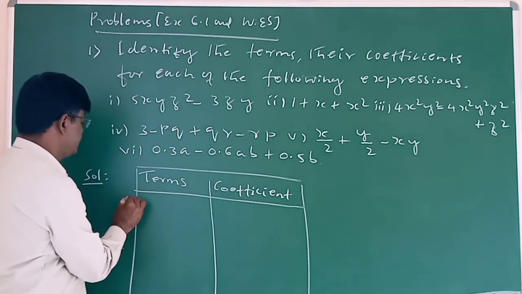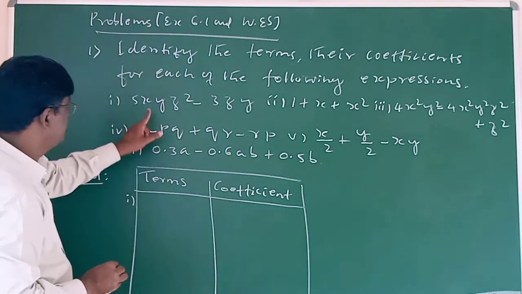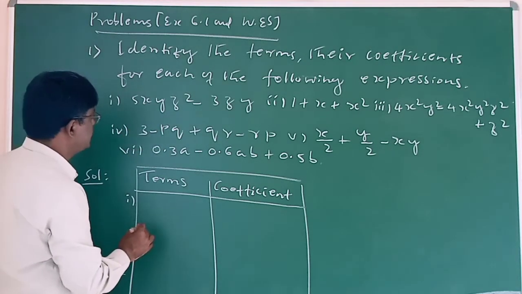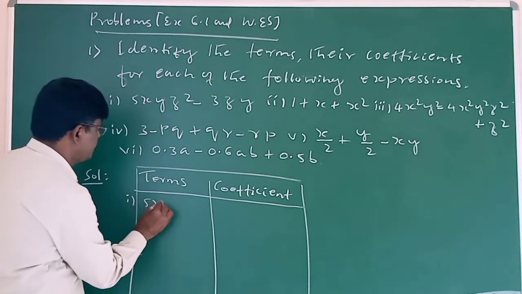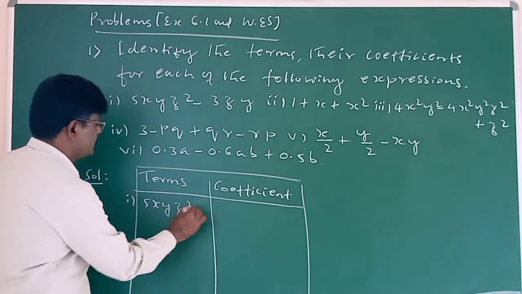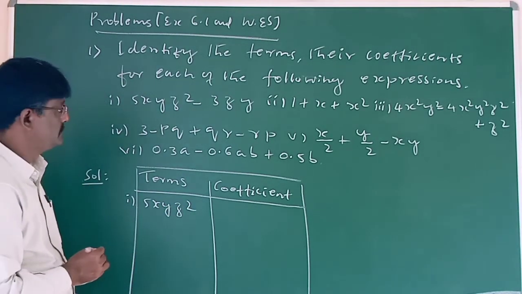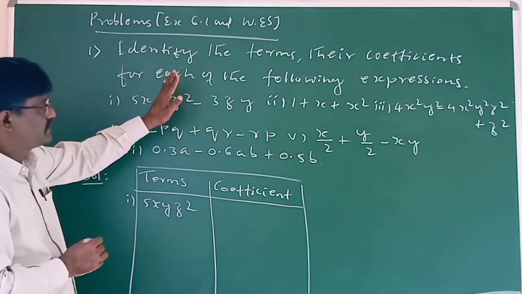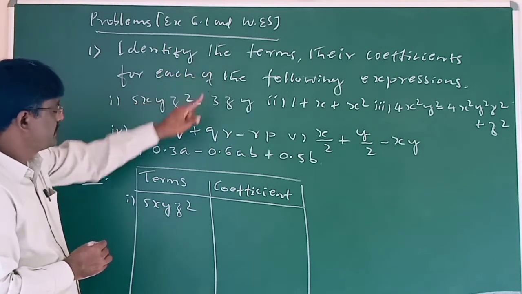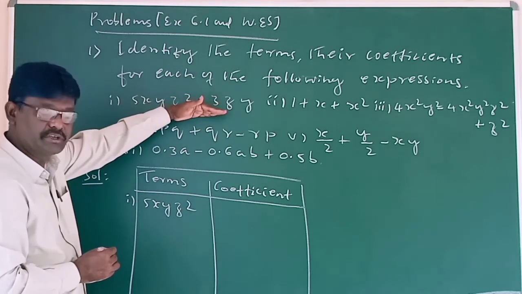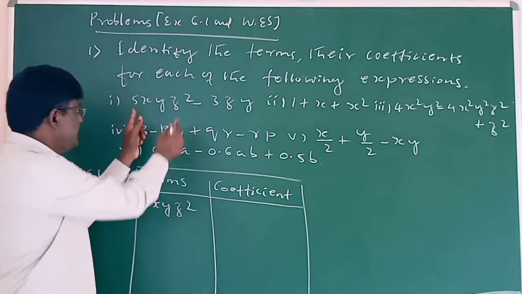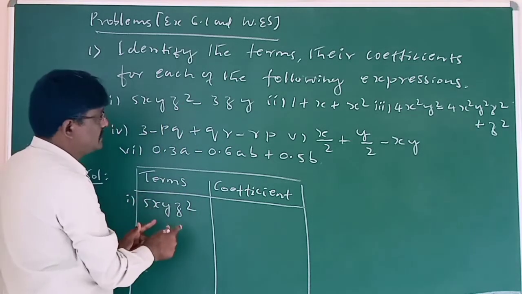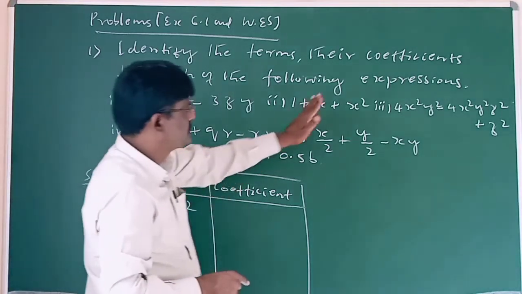Sum number 1. The first term is 5xyz square. Okay, this is a term. We have to identify the terms in this expression. It is one term, and the numerical coefficient is understood.